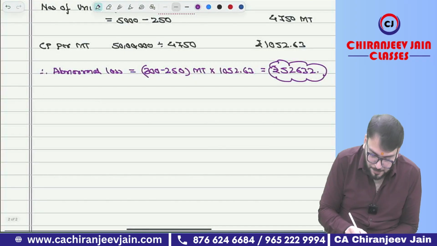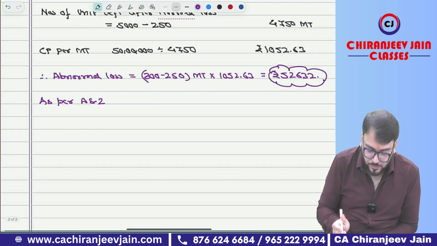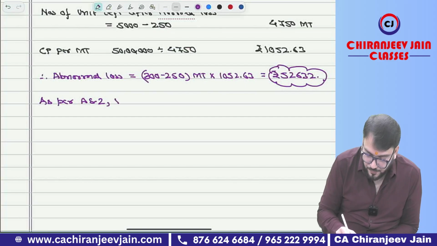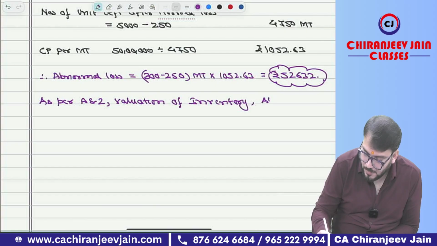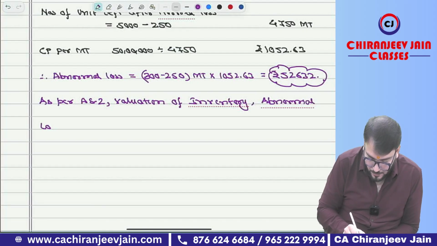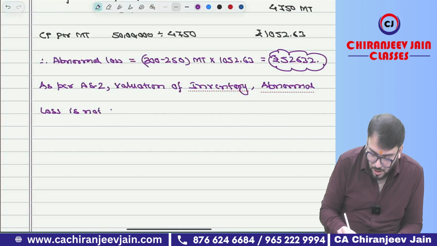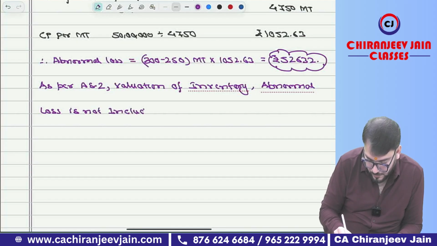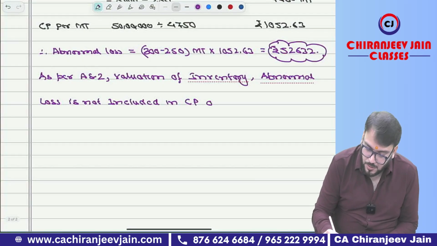So write down: as per AS 2, valuation of inventory, abnormal loss is not included in cost price of inventory.